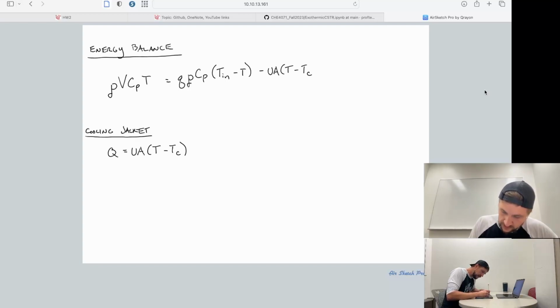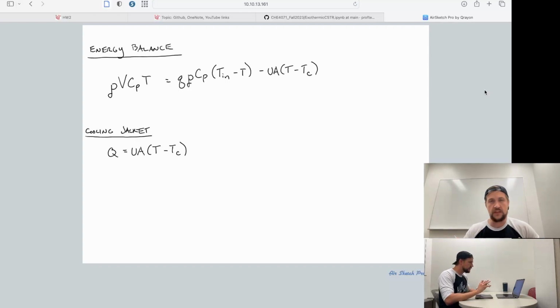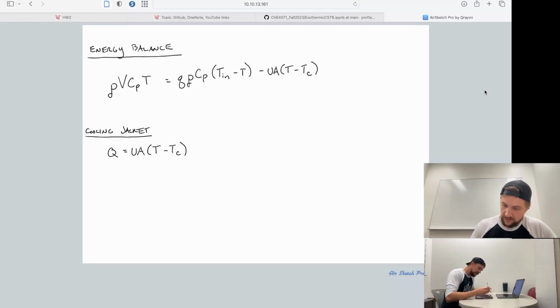And then another thing to consider is the exothermic portion of this, and so how much energy is either being given off or taken in based off the reaction occurring. And so we have a few things here to consider. One is that we are dealing with an exothermic reaction.